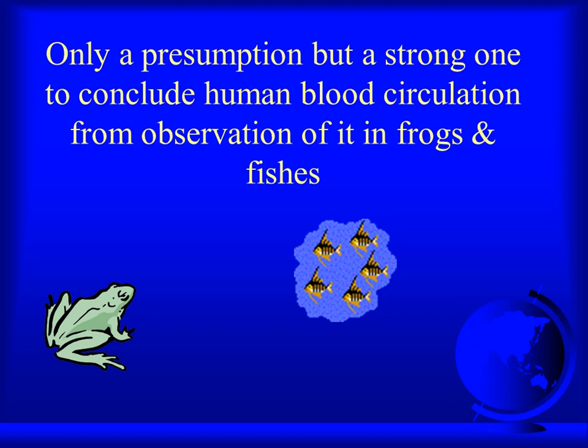I remember in high school, where they dissect a frog while the frog is still alive, and you see his heart beating there, and say, well, it's got a circulatory system. So from examining other animals, you can conclude that they have a circulation of blood just like we do.